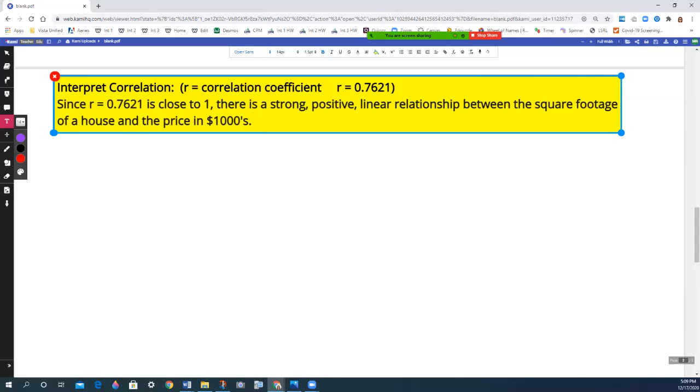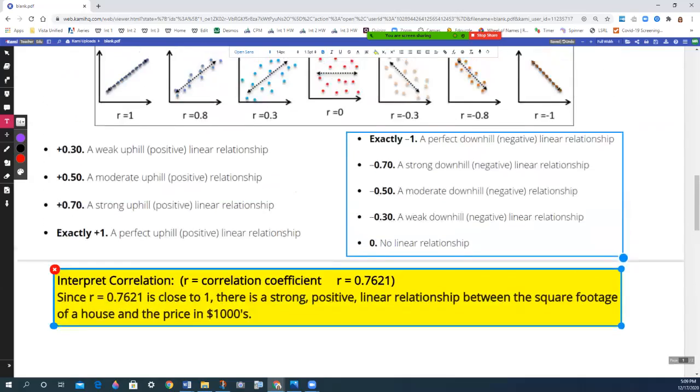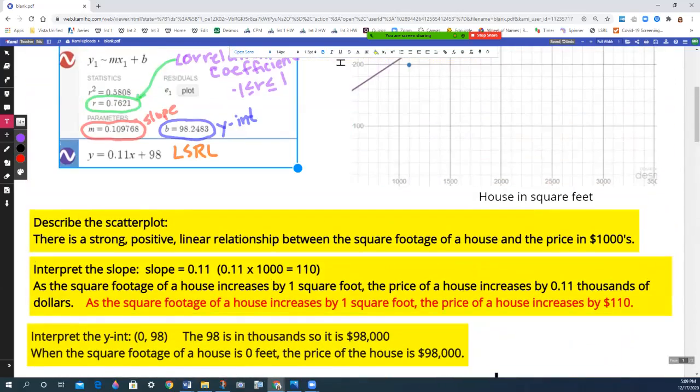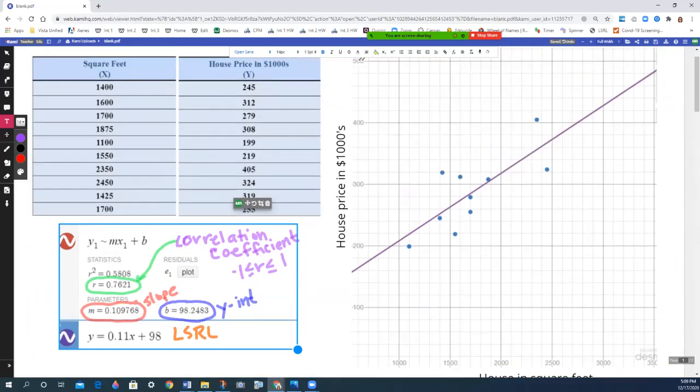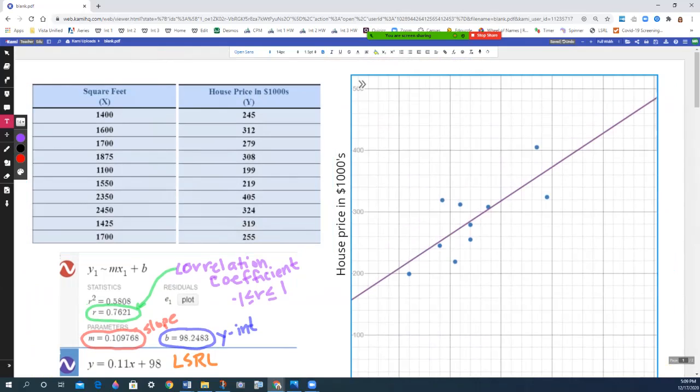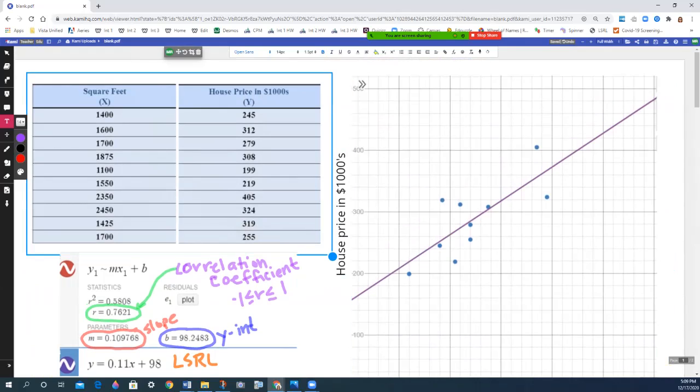Now, the next thing I'm going to do is have us use our line of best fit, this one right here, to make a prediction. So let's say I predict what a house that is 2,450 square feet should be.